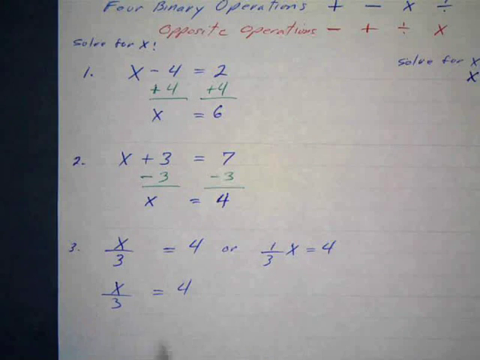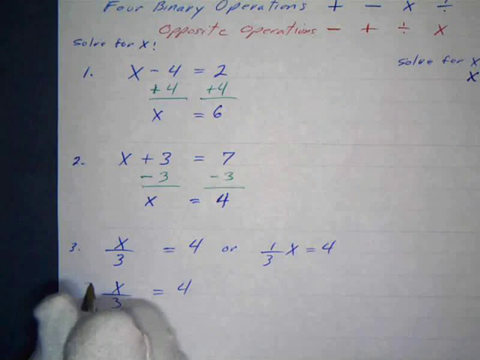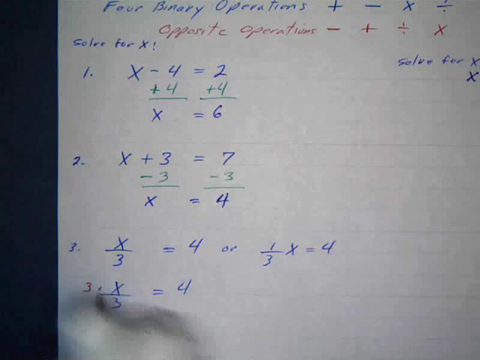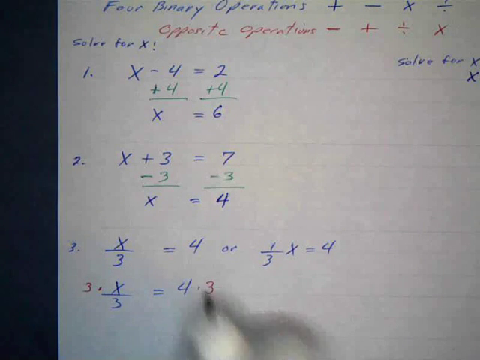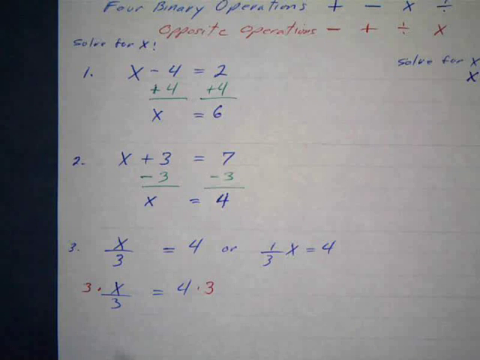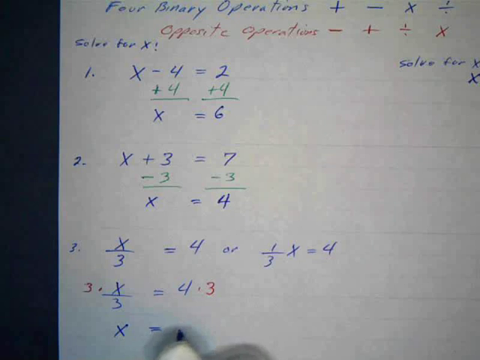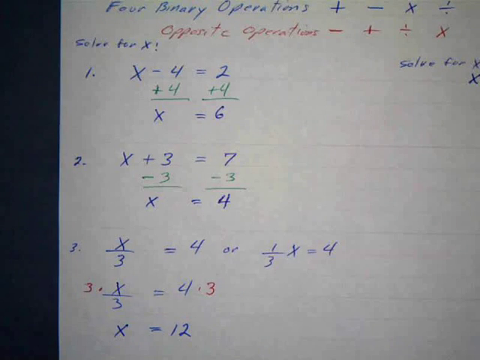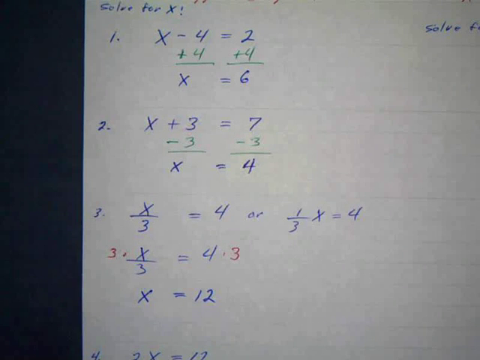So I'm going to multiply both sides by, in this case, 3. Now, from our properties of real numbers, this is going to be the actual multiplicative inverse. 3 over 3 is 1. 1 times x is just x. And then 4 times 3 is 12. So there you go.